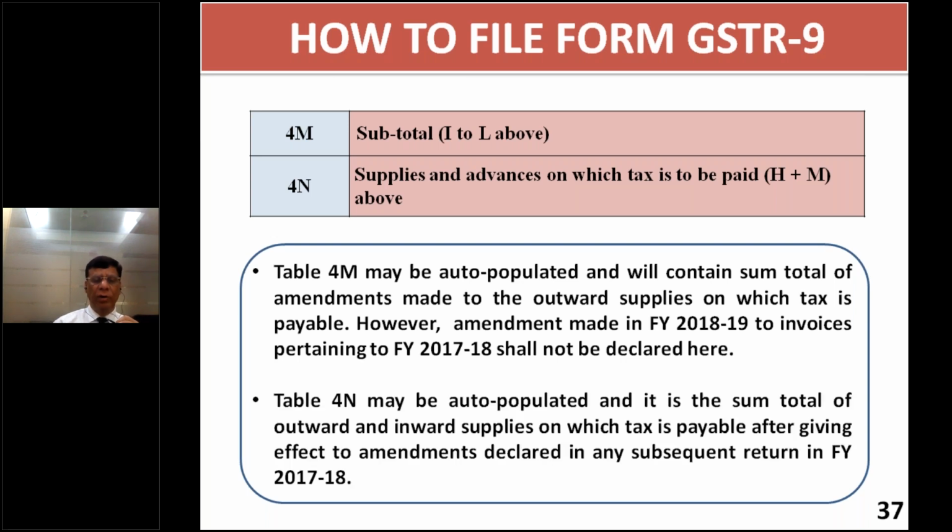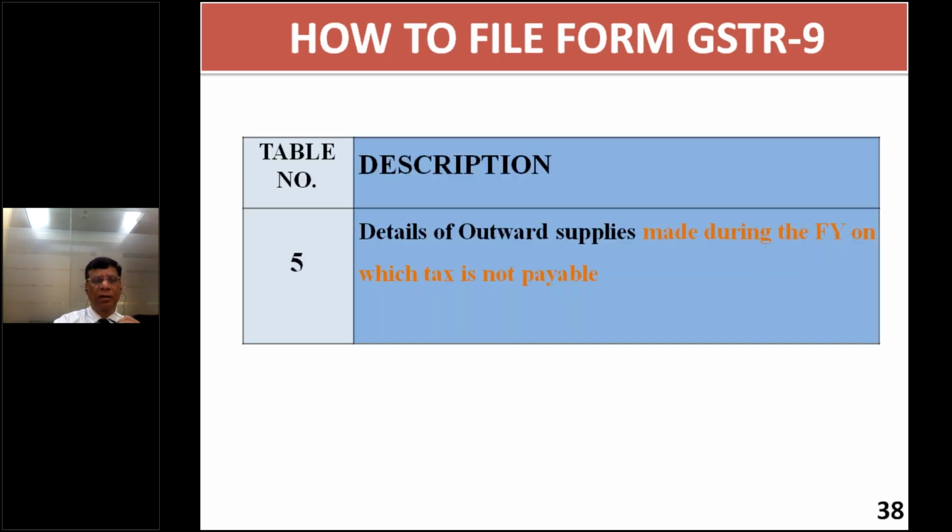Now table 4M may be auto-populated. Auto-populated means auto-totalled, and it is the sum total of outward and inward supplies on which tax is payable after giving effect to amendments declared in the subsequent return for financial year 17-18.